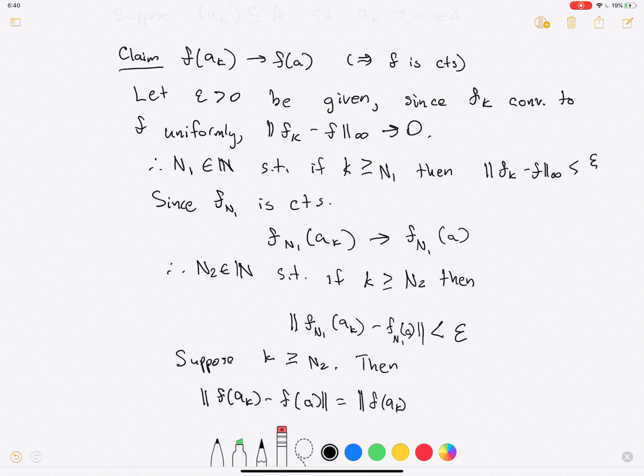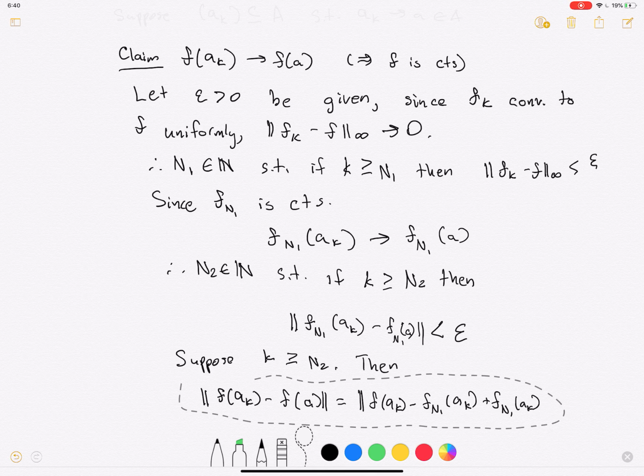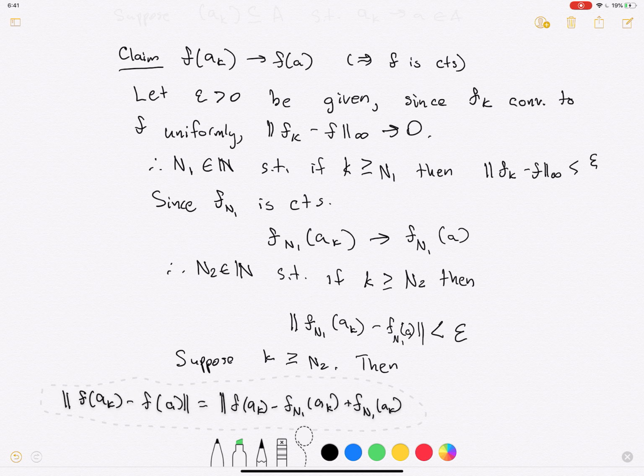Here we're going to subtract f_n1(a_k) and add it in the middle, and then we're going to subtract f_n1(a) plus f_n1(a), and don't forget the minus f(a) at the end.